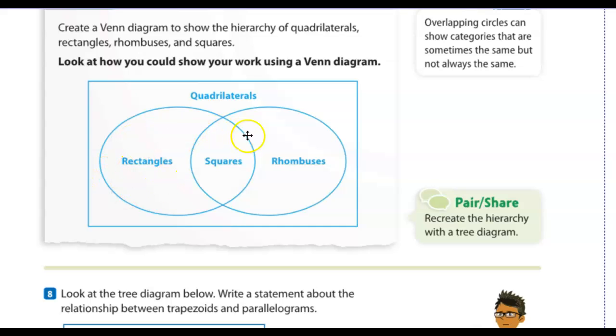One's labeled rectangles, one's labeled rhombuses, and then you have squares in the center. Squares are in the center because they contain both the properties of rectangles and rhombuses. So it goes in the center. Rhombuses do not contain all the properties of rectangles and vice versa.